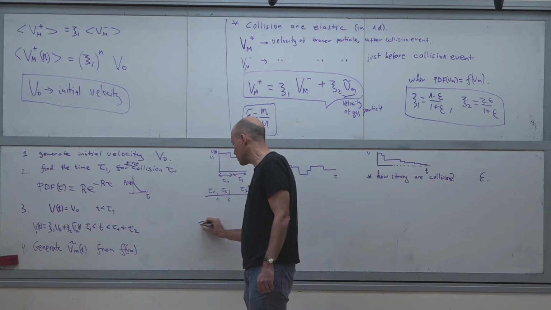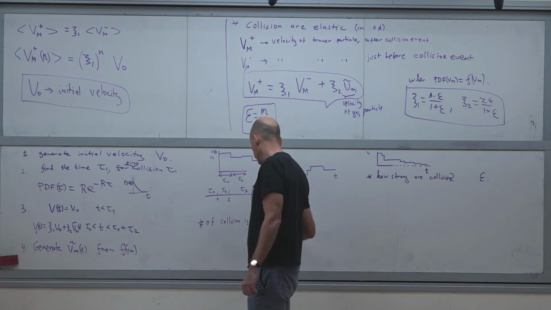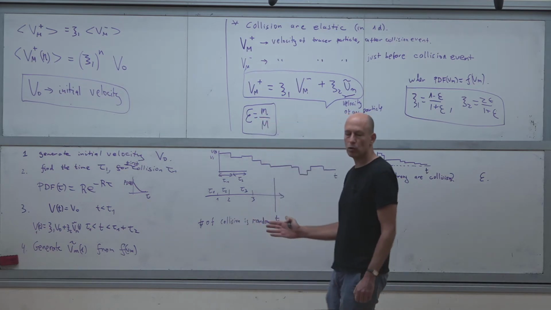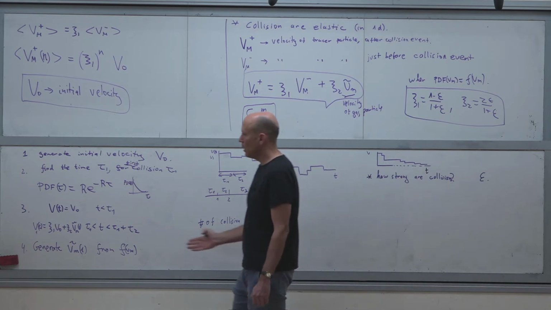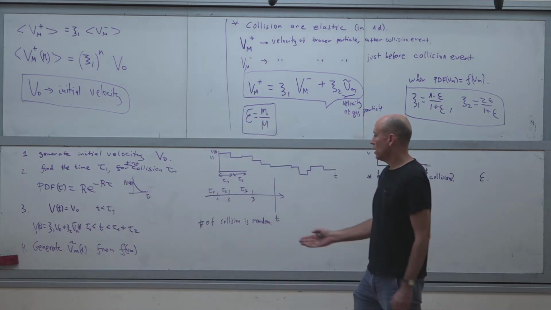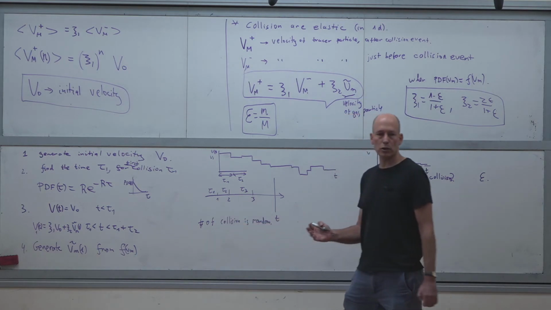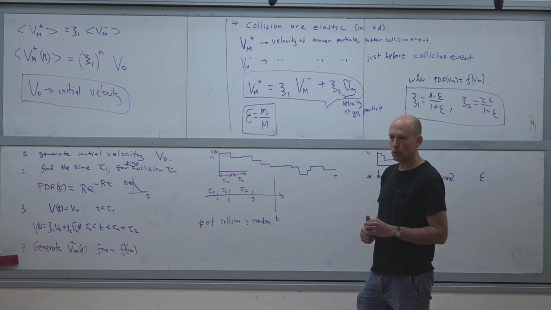So the number of collisions is random. But actually you know, or you should know, what is the distribution of the number of collisions. If you have this distribution as the time between collisions, the distribution of the number of collisions is given by a very famous law. You know it, or you don't?